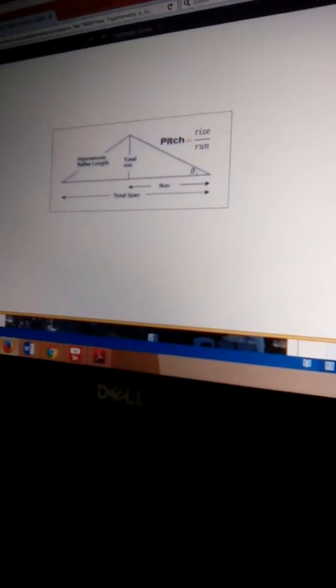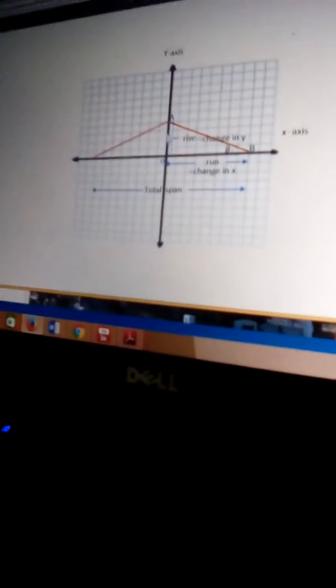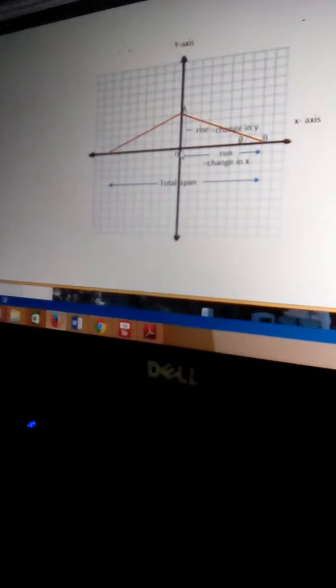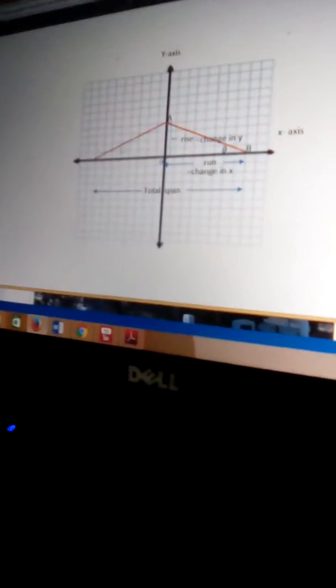Now, suppose this roof is taken and placed exactly on the XY plane. It will appear like this. This portion where we have the rise, the bottom of it will be placed exactly on the origin of this XY plane. So we will have two symmetrical parts, this side and this side, which are both right-angled triangles.